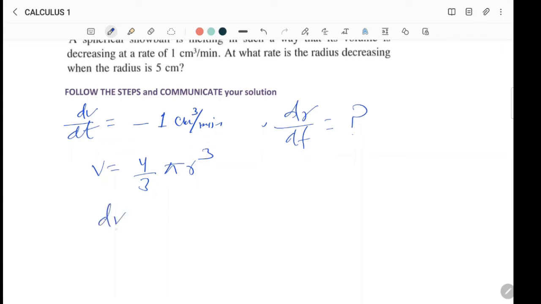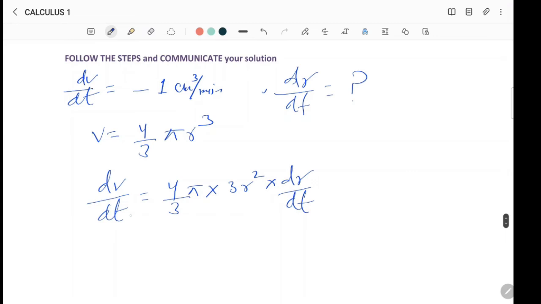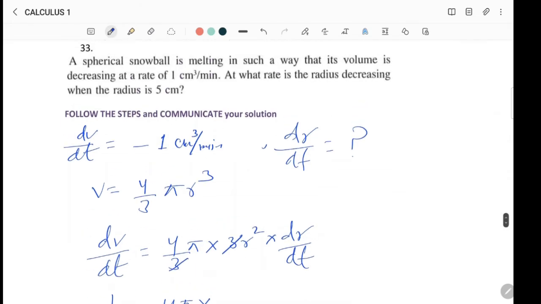Just differentiate with respect to time. dV over dt is 4 over 3 times pi, and r cube gives 3r square dr by dt. dV over dt is minus 1, 3 and 3 cancel, 4 pi, and r square, r is 5.